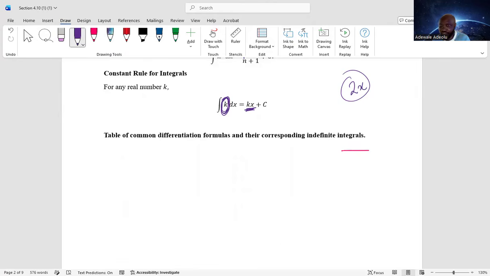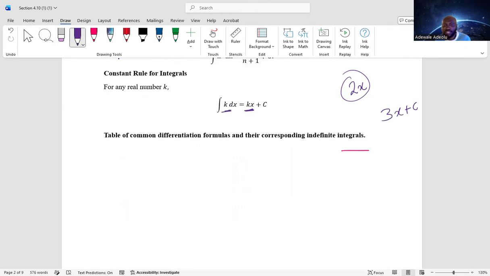If I take the derivative, it is 2. What if I have 3? What is the function such that when I take its derivative, it is just 3? You will tell me it has to be 3x, because the derivative of 3x is 3. So remember, we had to add the constant of integration. That is exactly what is happening here. We say the antiderivative of a constant function k is k multiplied by that variable, kx.